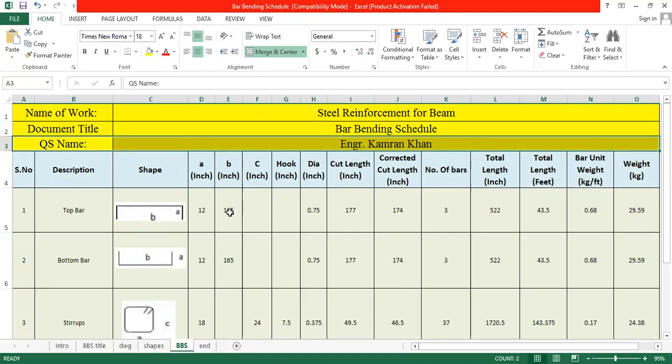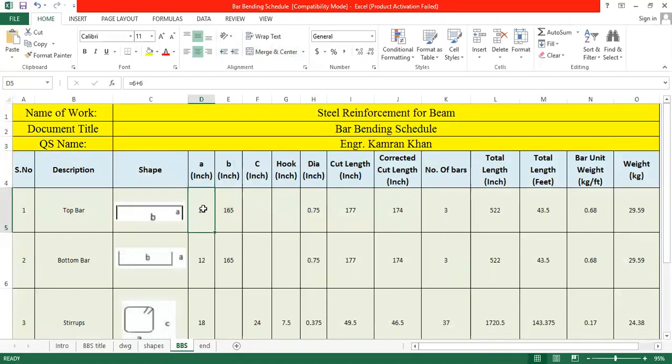Now let us discuss the different rows and columns of the bar bending schedule. This row represents different columns. The first column is serial number, the serial number of the different bar shapes, 1, 2, 3, 4 and so on. Similarly, over here will be the description of the bar, like the top bars, bottom bars, and the stirrups.